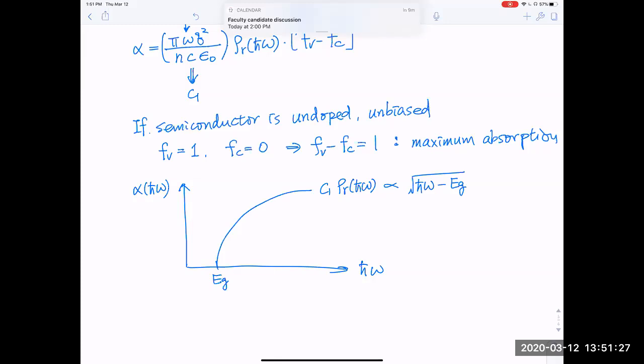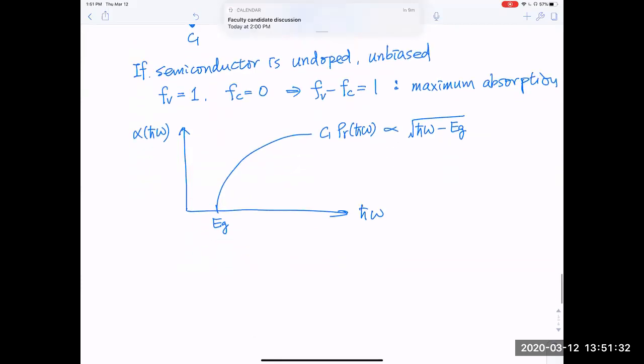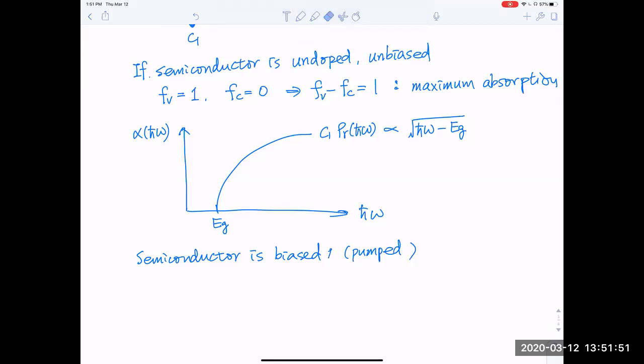Okay, all right. So now when the semiconductor is biased, sometimes we call this pumped. That's a terminology often used by the optoelectronics community.